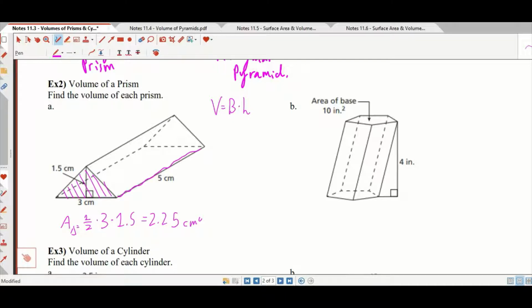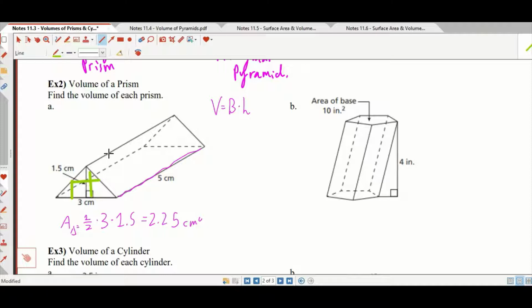We're going to multiply that by the height. Why? Because I want you to imagine that this triangle here has 2.25 squares on it.